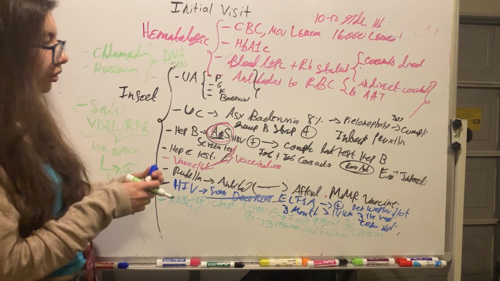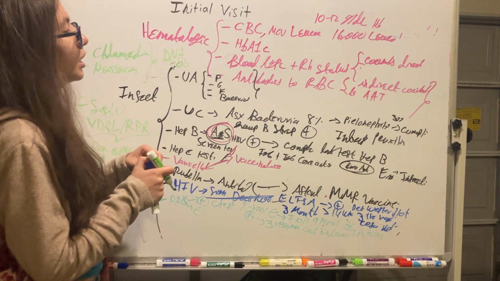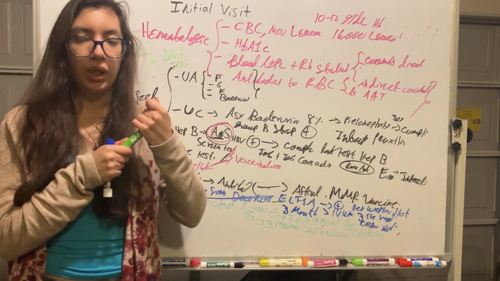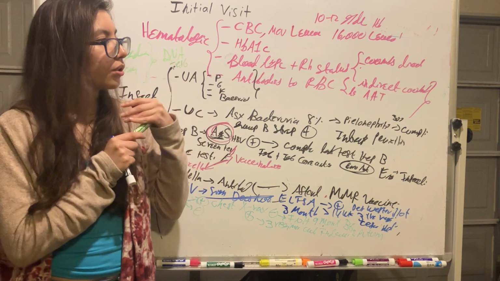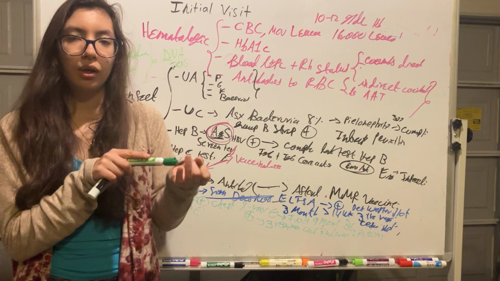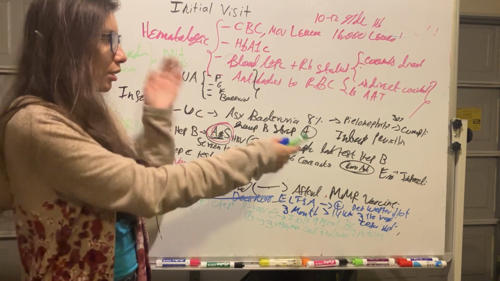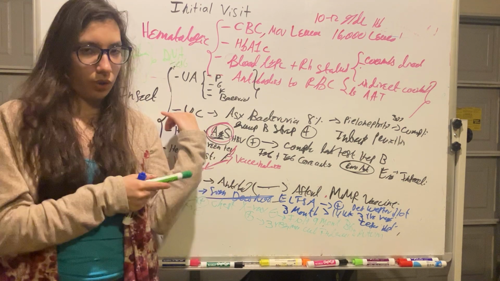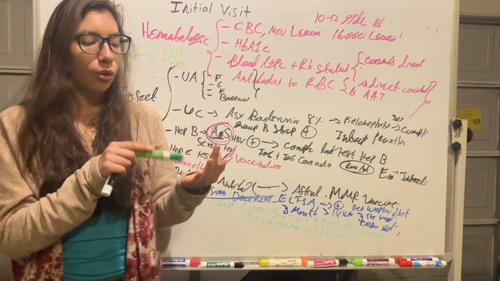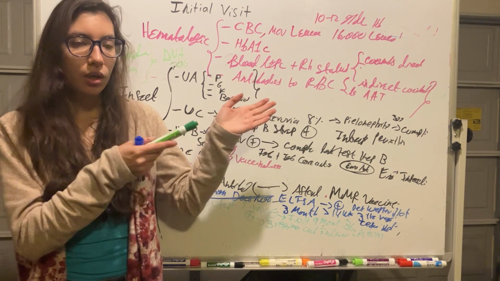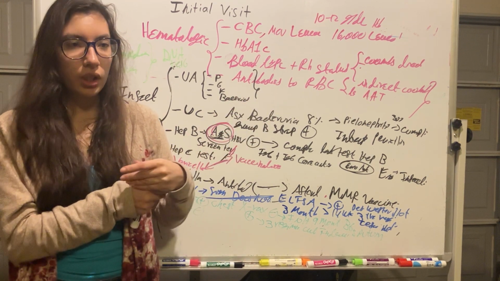So in the initial visit, we need to diagnose that the patient is pregnant. We do this based on the last menstrual period and transvaginal ultrasound. We estimate the gestational age at the initial visit, which will be based on the last menstrual period, and with the transvaginal ultrasound, which is positive after 5 to 6 weeks.